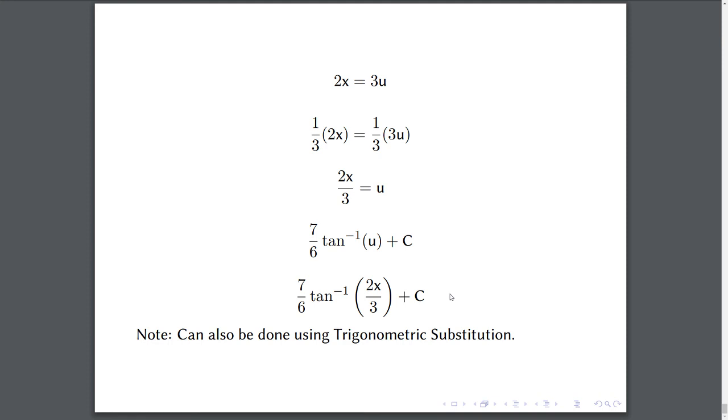It can be done with that technique of trigonometric substitution that you normally see in a Calculus 2 class. The one thing about that is, in my opinion, it's more difficult to do it that way. It's a little bit more involved using trigonometric substitution. You can just use regular substitution, which is a technique that you generally see in Calculus 1.